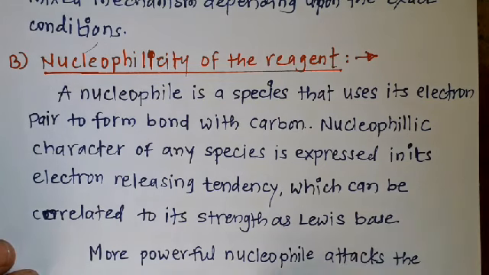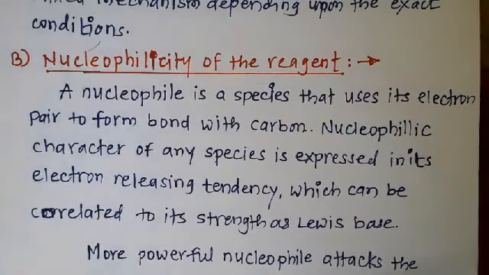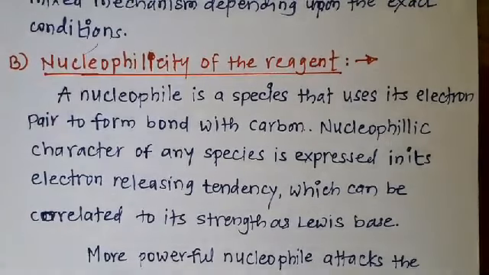And we know that a nucleophile is an electron rich species which donates its electron pair, either in the form of a negative charge or in the form of a lone pair, to an electron deficient species and forms a bond. Here the electron deficient species may be carbon, or the carbocation formed as an intermediate during the SN1 reaction mechanism.